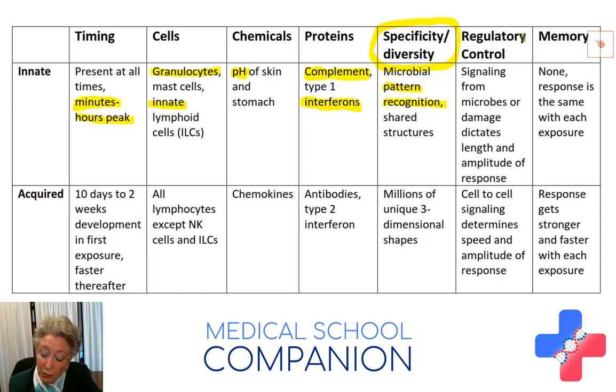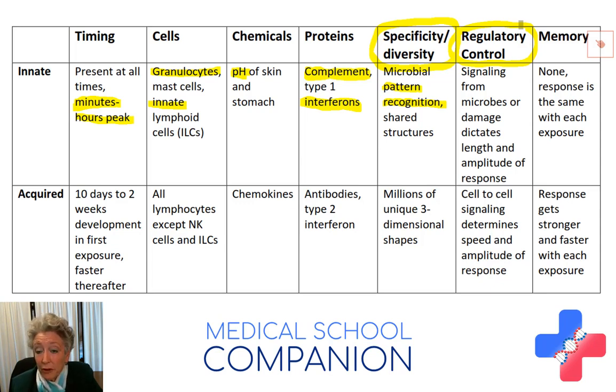Then when we talk about regulatory control, it's certainly not true that there is no regulatory control in the innate immune response, but it is much less significant than that in the response that evolves afterwards, because it purely is a function of the signaling from the invader or from the injury as to what is the extent of the damage that will continue to cause the chemicals and cells to come into the area.